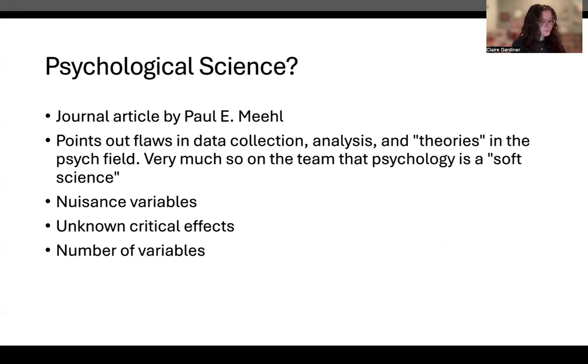So for nuisance variables, it's almost near impossible to rule out causal inferences, therefore correlation is always questionable. Basically, you can never have data that has no influences from the outside world, even if it was a laboratory study and you meticulously did everything to make sure there was no variability.